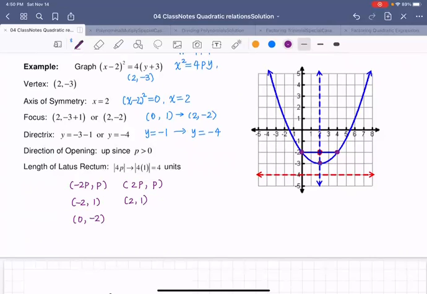Shift 2 by 2 is 4, and shift 1 by -3 is -2. That's exactly the same as what you see here, the left one and the right one of the lattice rectangle. After you get these points and know the vertex, you draw the parabola passing through them. That's why you draw it like this.